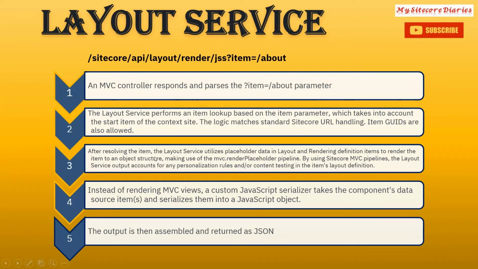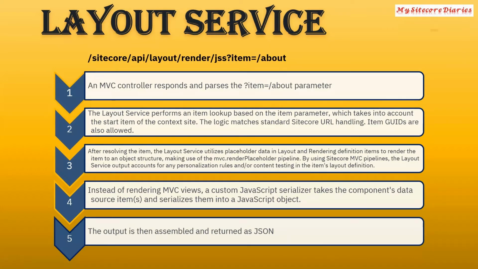After resolving the item, the layout service utilizes the placeholder data in the layout and rendering definition items to render the item to an object structure, making use of the MVC render placeholder pipeline. By using Sitecore MVC pipelines, the layout service output accounts for personalization rules and content testing in the item layout definition. This is also the same thing that happens in Sitecore MVC.